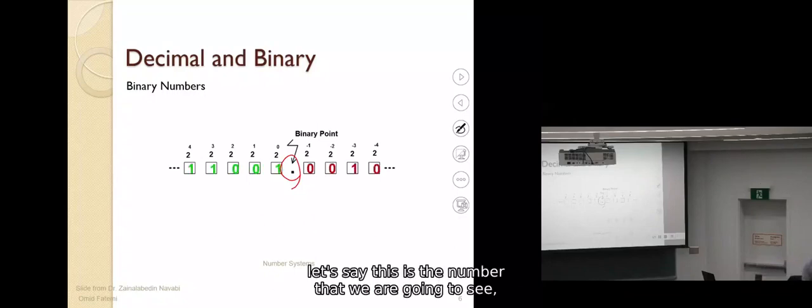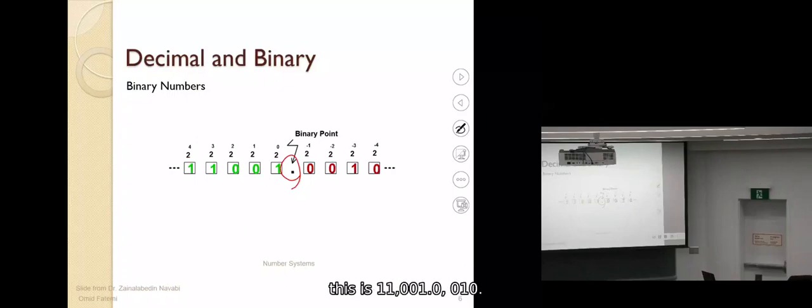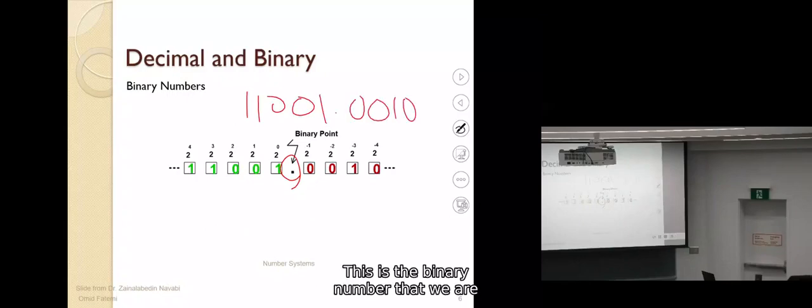So, for example, let's say this is the number that we are going to see the equivalent value in decimal system. We are converting binary to decimal now. The binary number is 1101.0010. This is the binary number that we are going to convert to decimal.